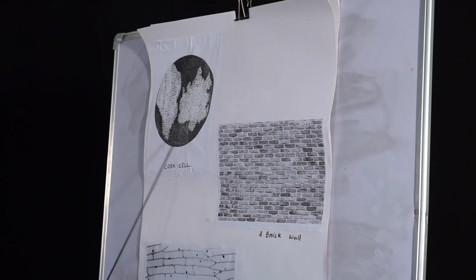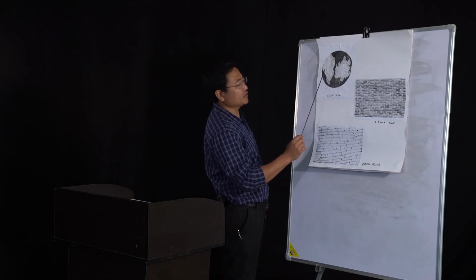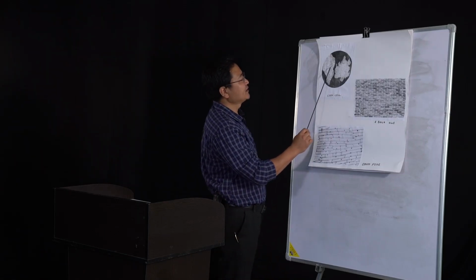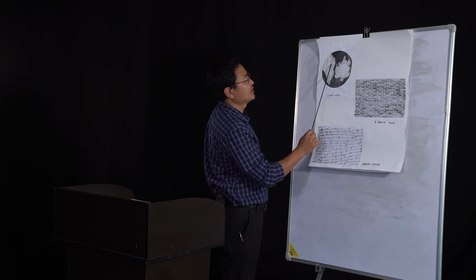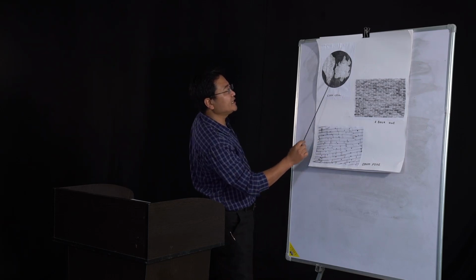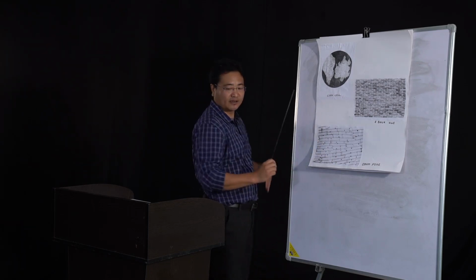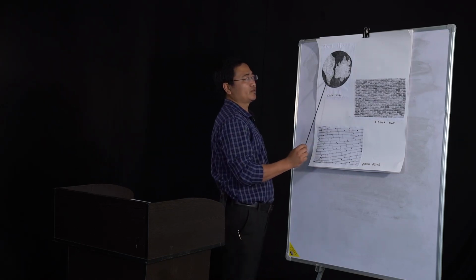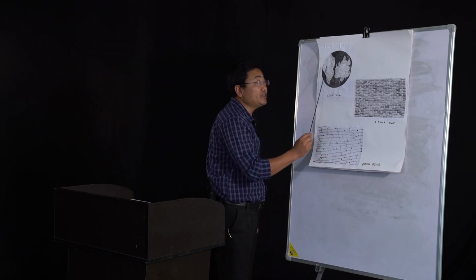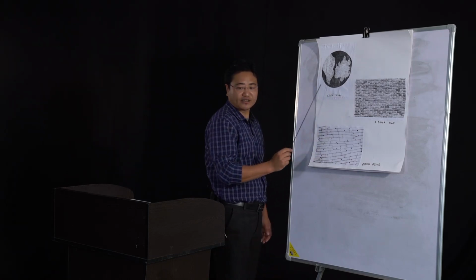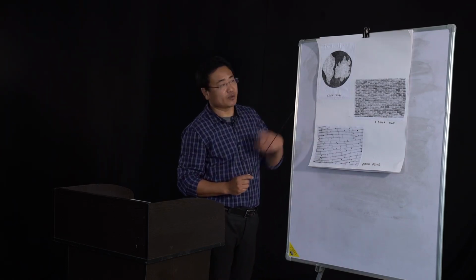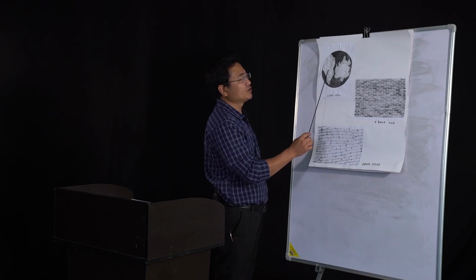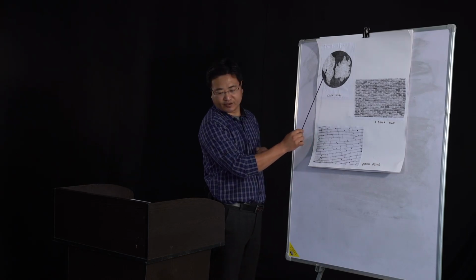Robert Hooke noticed that this honeycomb is arranged like the bricks in our walls, the brick wall. For each block, he found that they are separated from one another by a partition. So it looks like a brick wall.